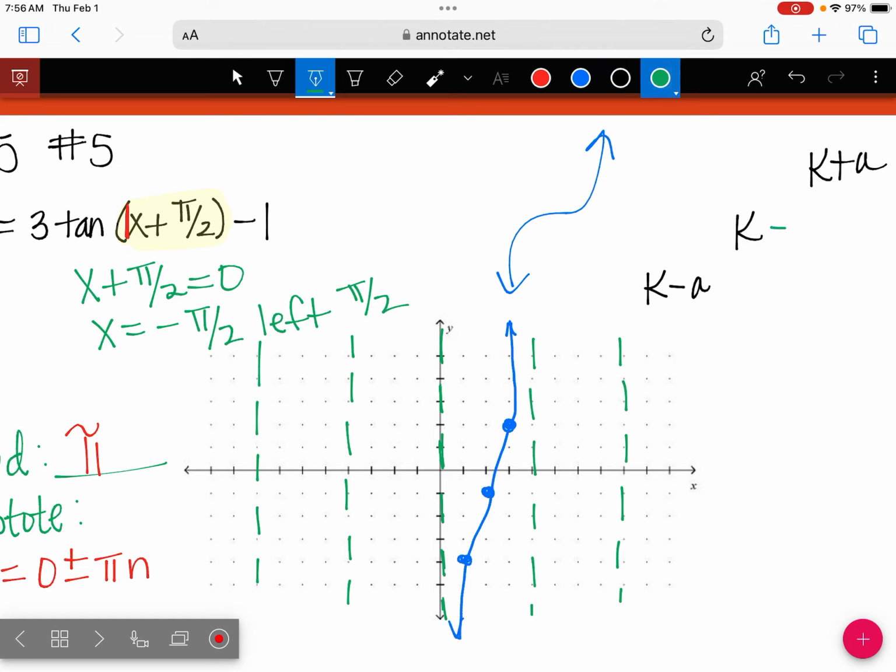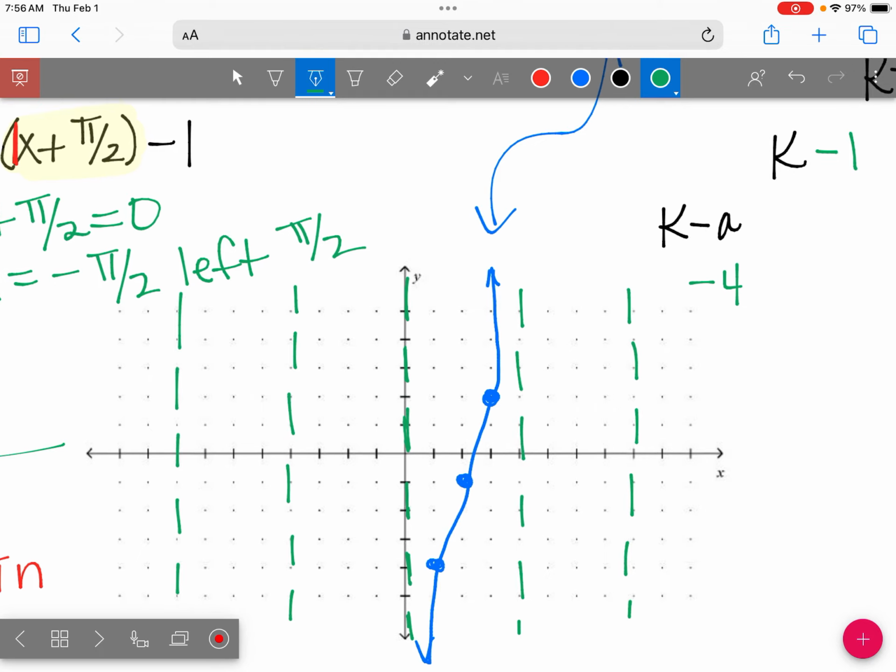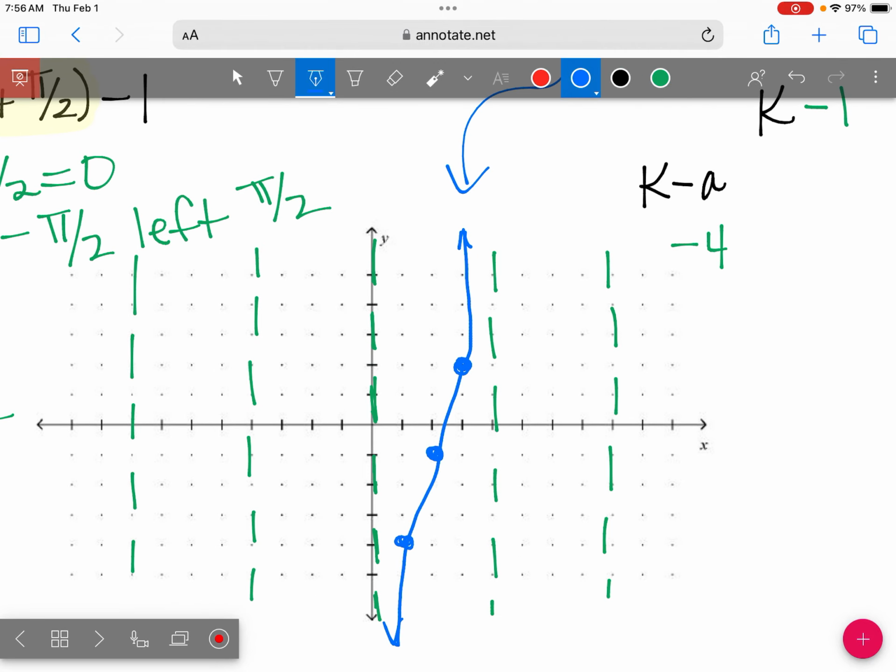So I have the -1 here, and then I'm going down 3. So down 3 puts me at -4. Up 3 would put me at 2. So my 3 points are stretched. Okay, so I'm just going to repeat that pattern. Here, here, here, and then here, here, here.